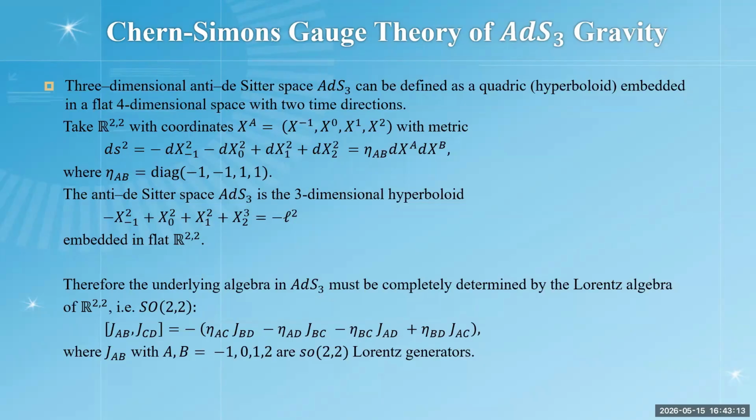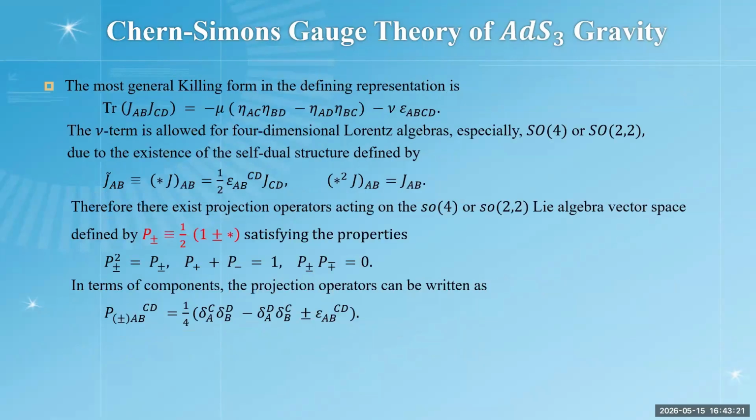So we have this Lorentz algebra. And then we can introduce the most general Killing form, I mean the non-vanishing trace. Of course, this trace must be non-degenerate, and then the most general structure is given by this.